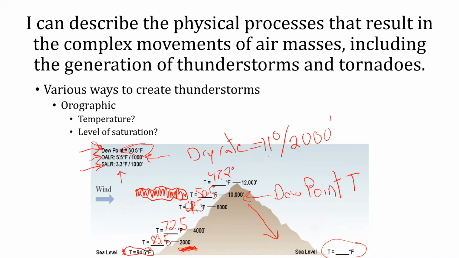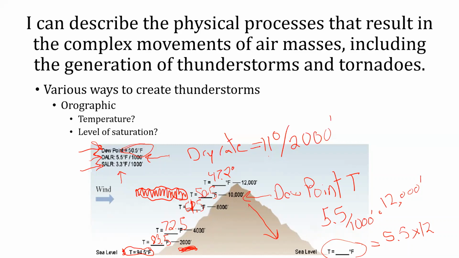You know what, I'm going to go back and look at the 5.5 per 1,000. So it's 5.5 per 1,000 feet times 12,000 feet. That means that the temperature change down here equals 5.5 times 12.